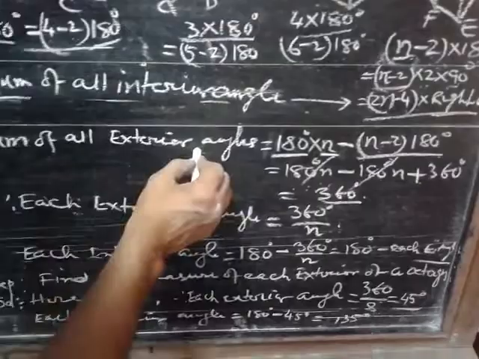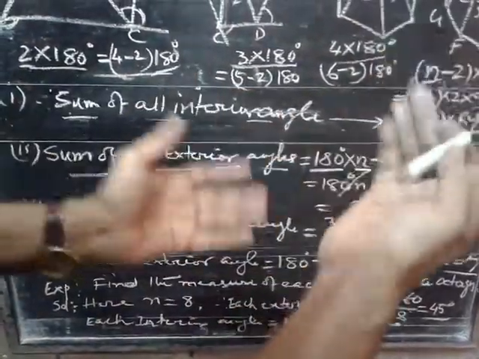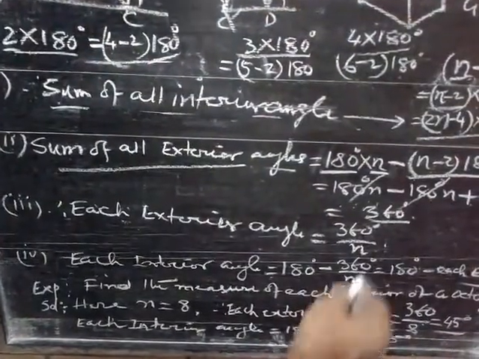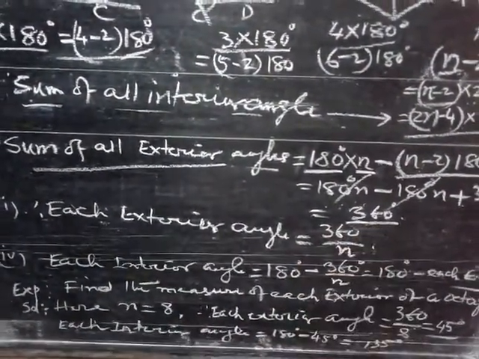That is the sum of all exterior angles of a polygon having n sides. So it will be 360 degrees.